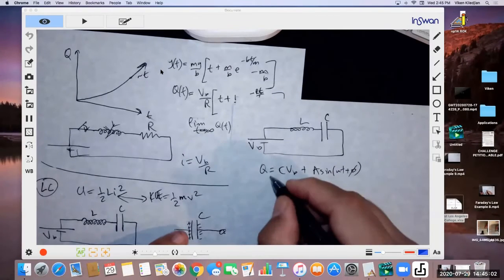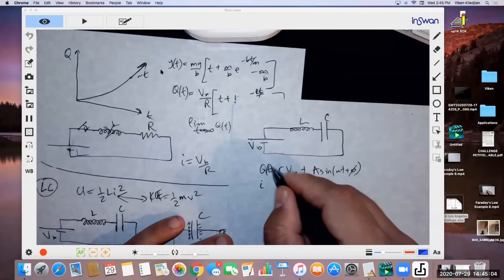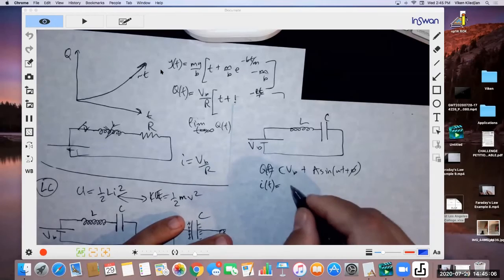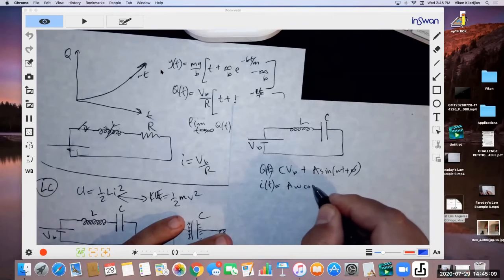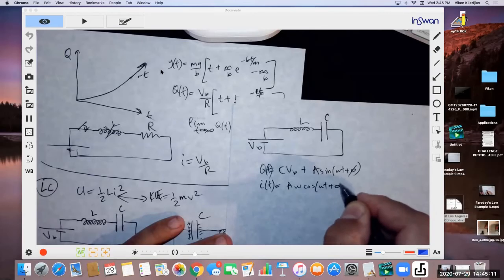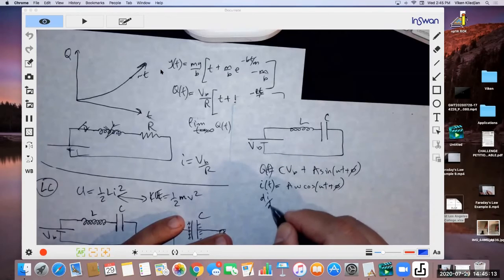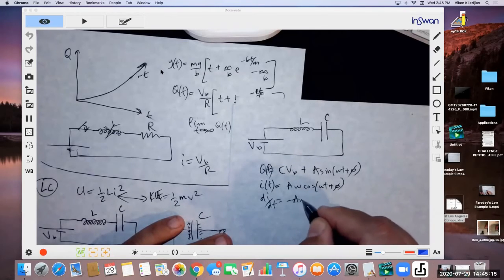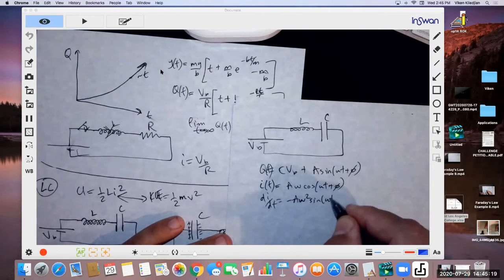Then I'm going to take the derivative of that. I of t is A omega cosine of omega t plus phi, di dt is negative A omega squared sine of omega t plus phi.